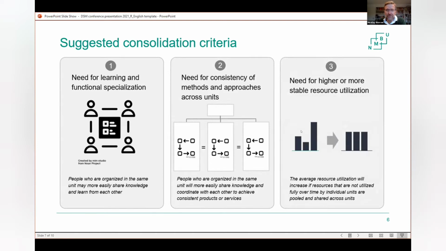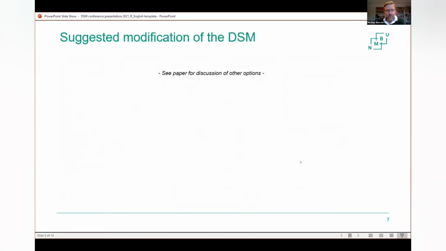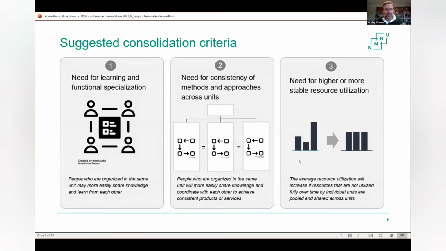If you have dedicated resources today, some utilized 30% of the time and some utilized 120% of the time, you might get more even, stable utilization by placing them in a common unit and then renting them out to the units when there's a need for the resource. So these are the consolidation criteria.